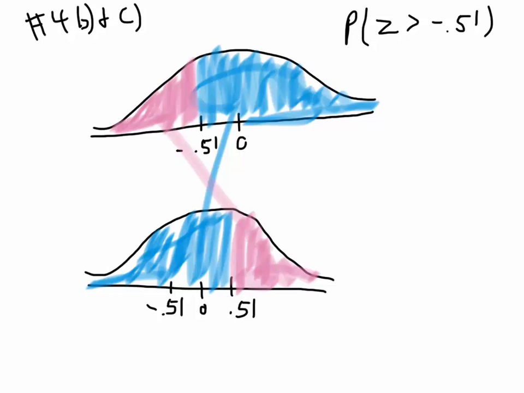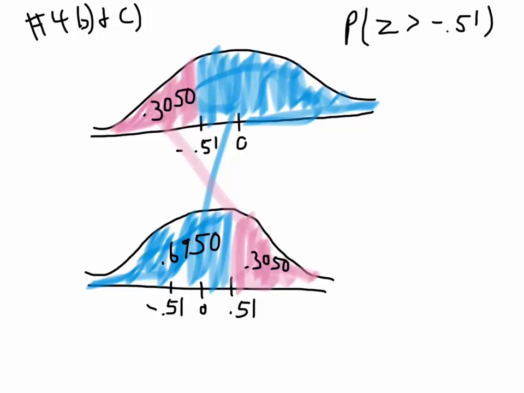This pink area is the same size as that pink area. So now we can use our table to look up the CDF of positive 0.51, and you find that that's equal to 0.6950. So we know that the complement to that is 0.3050. Alright, so now 0.3050 is that area right there, and so we can use its complement.